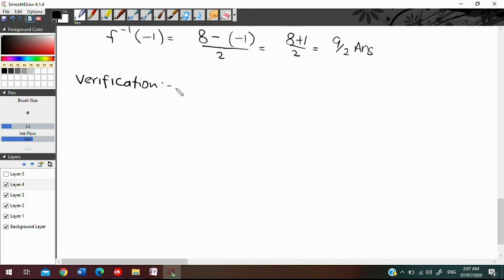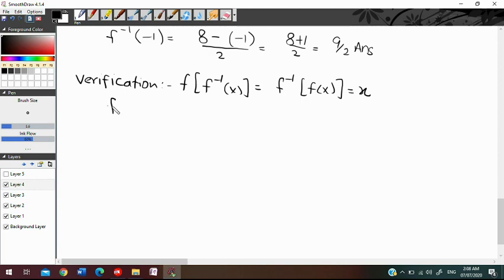The equation which we have to verify is f of f inverse of x equals f inverse of f of x equals x.